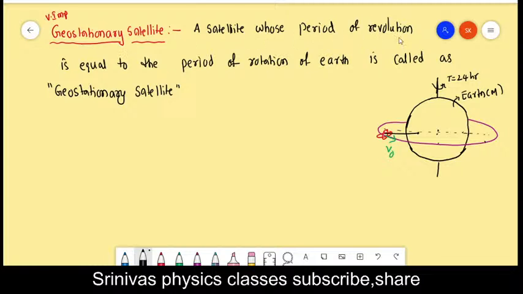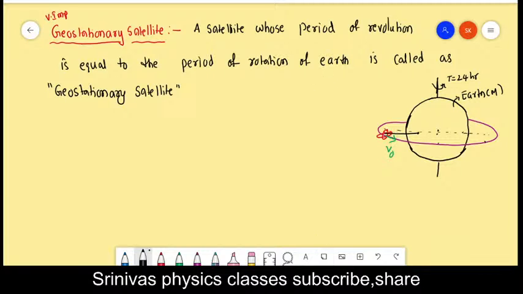A satellite whose period of revolution is equal to the period of rotation of earth is called a geostationary satellite. The time the satellite takes to complete one revolution around the earth is called the period of revolution of the satellite, and it should be equal to the period of rotation of earth.